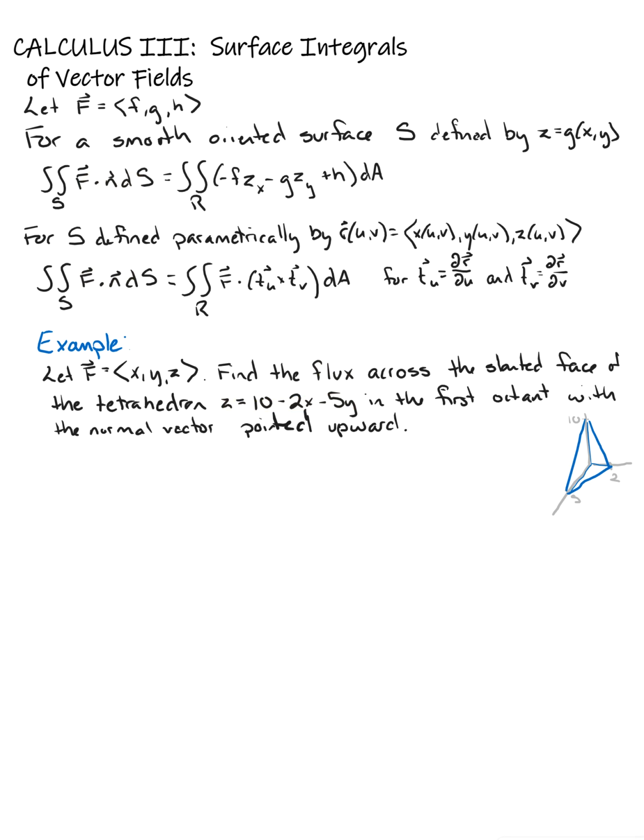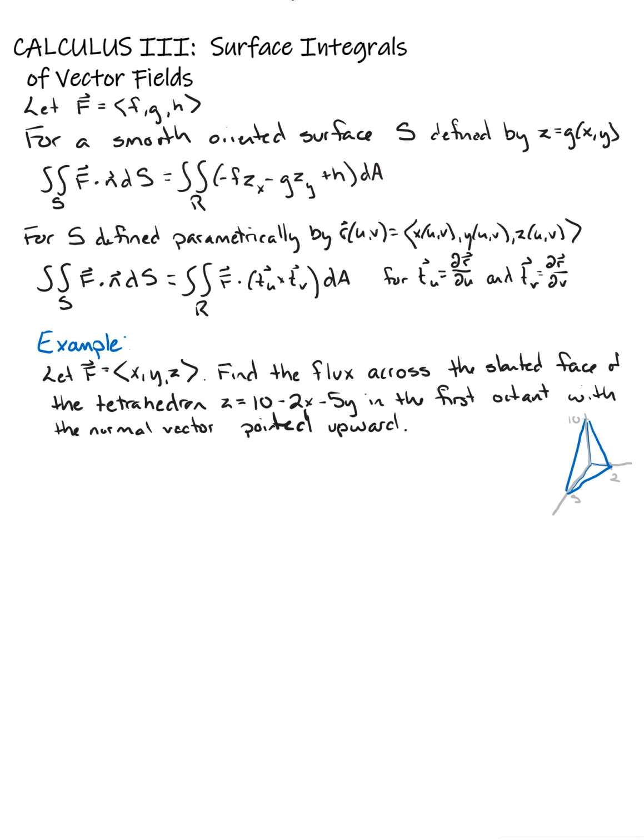Okay, so some things we need to make note of. I'll be using this one because, oh wait, actually, yeah, that's probably going to be the easier one to work with, because we have z written out for us. All right, so let's see.